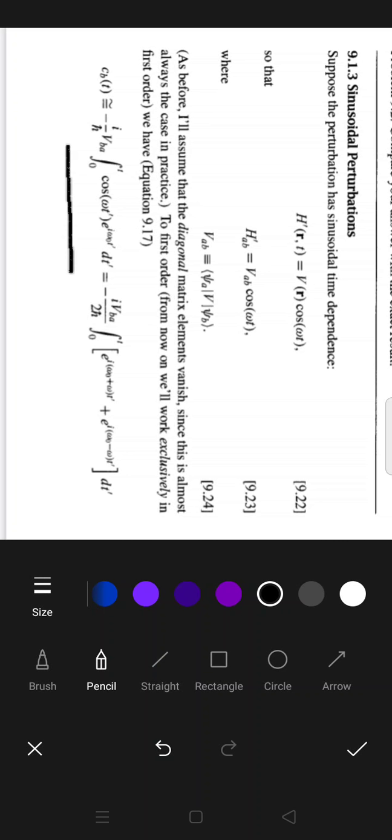So it is equal to minus Vab by 2 h cross.